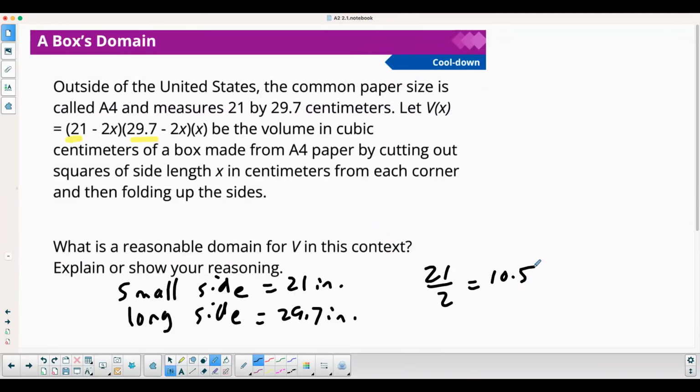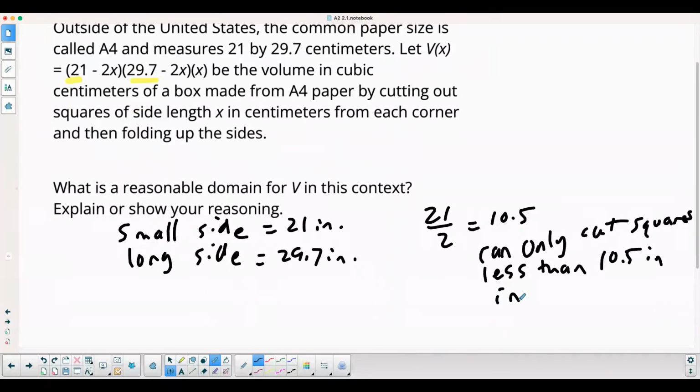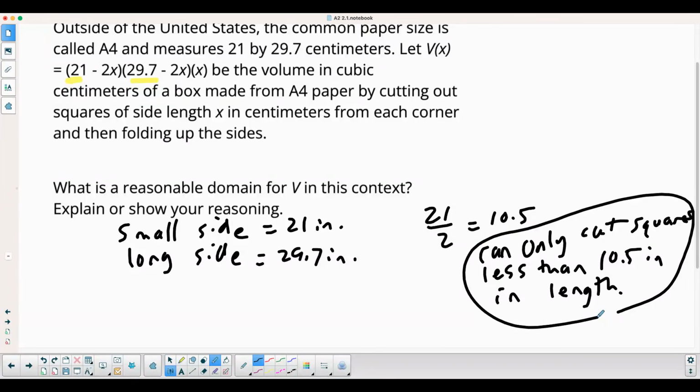So we can only cut squares less than 10.5 inches in length. Okay, it's got to be half of the smallest side or less.